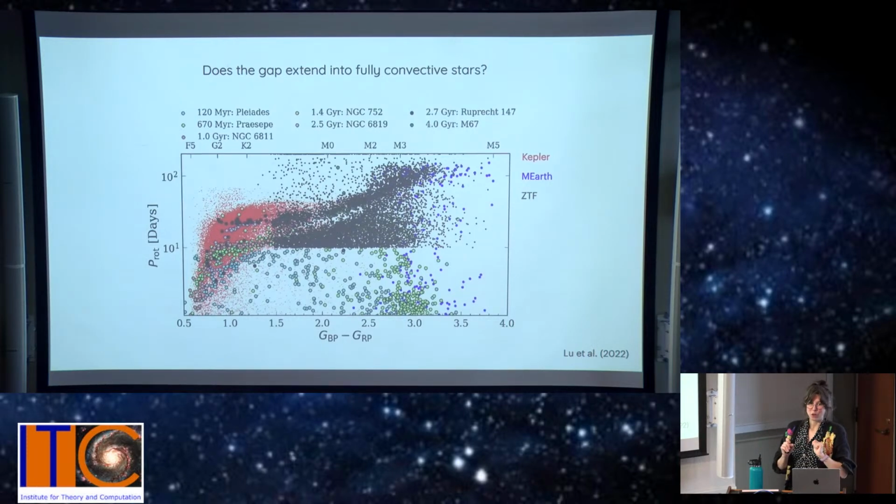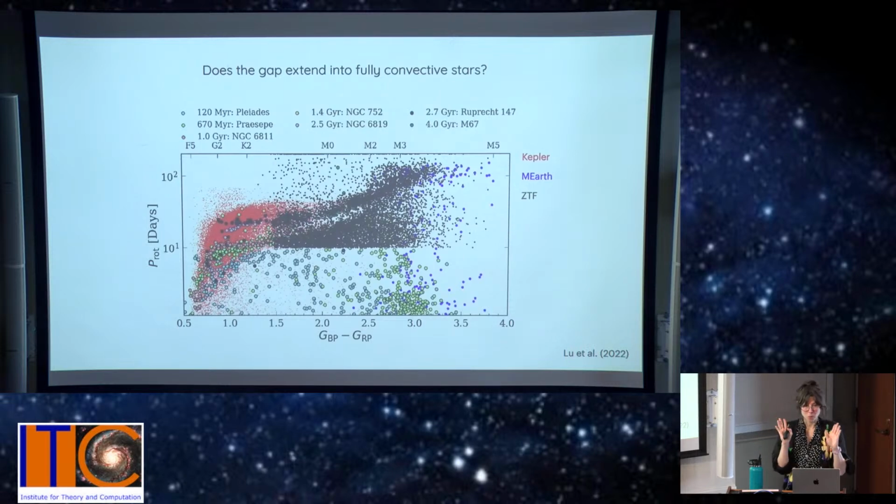Or it could be that as their core and envelopes connect, stars perhaps become less magnetically active, and we just can't measure their rotation periods for stars that fall here. So it's not clear if the gap is truly empty or if it's a detection bias effect. That is still unanswered.